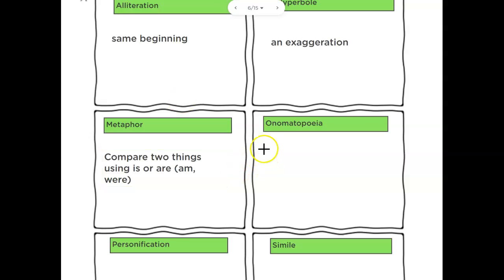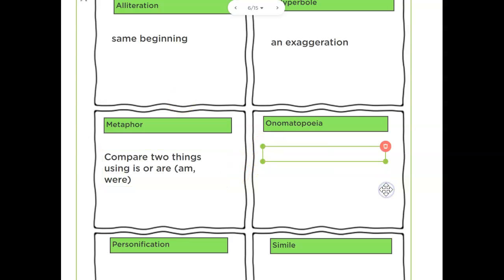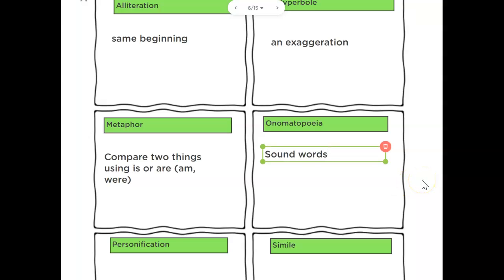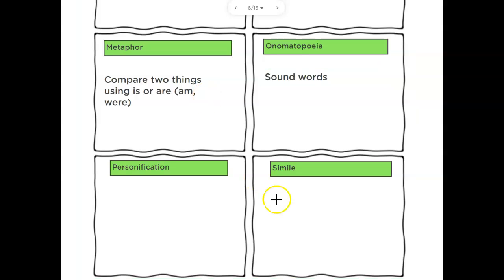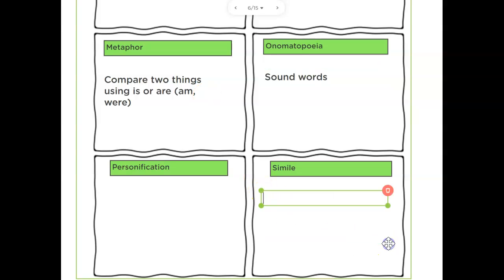Onomatopoeia are sound words. So those would be words like boom, crash. Similes compare two things, but they use like or as.